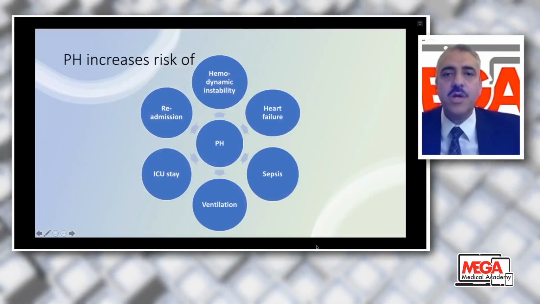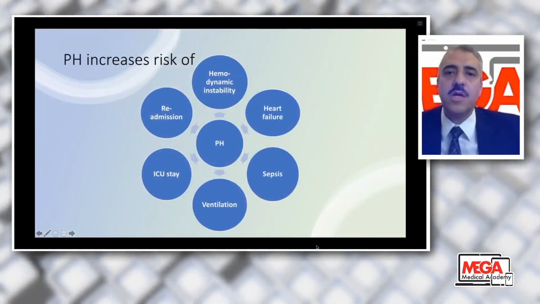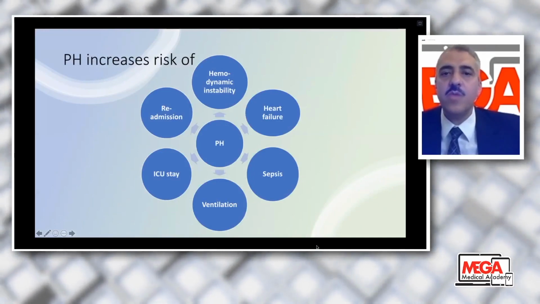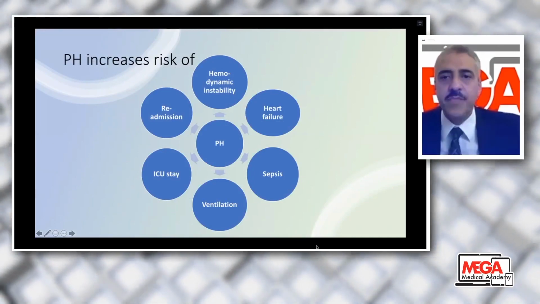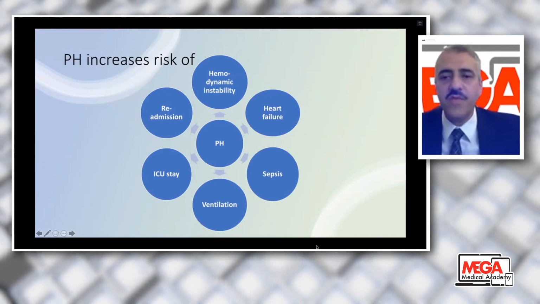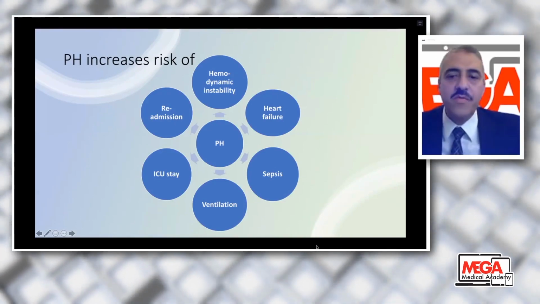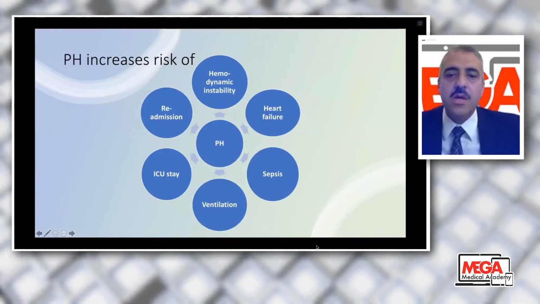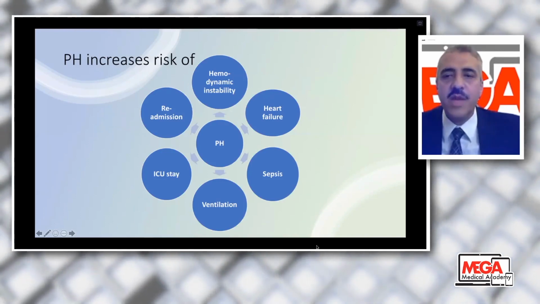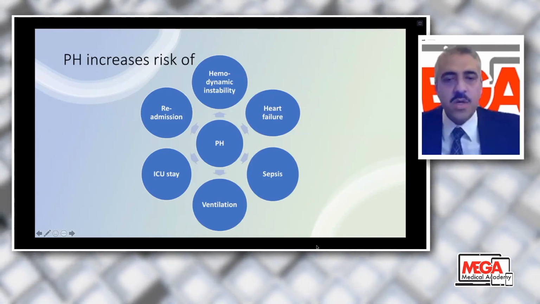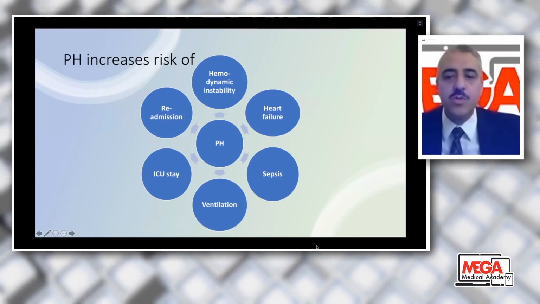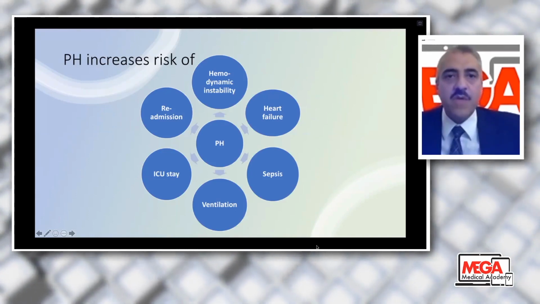In turn, pulmonary hypertension induces a status of hemodynamic instability, and increases the incidence of postoperative heart failure, postoperative sepsis, a higher incidence of postoperative mechanical ventilation and ICU stay, and readmission to the hospital after discharge.